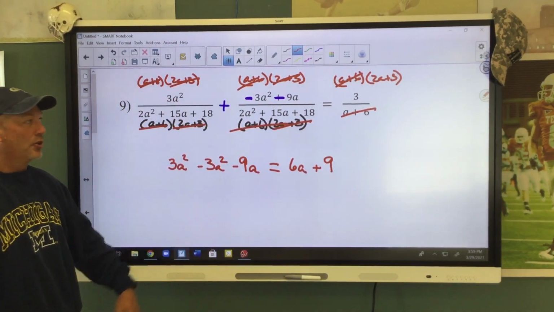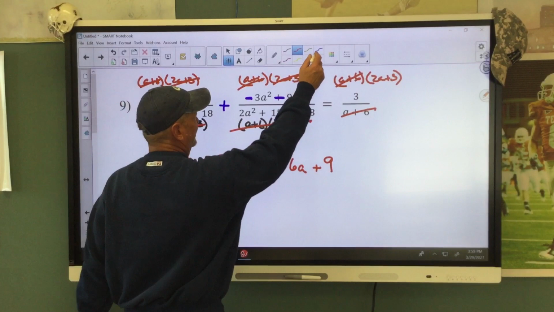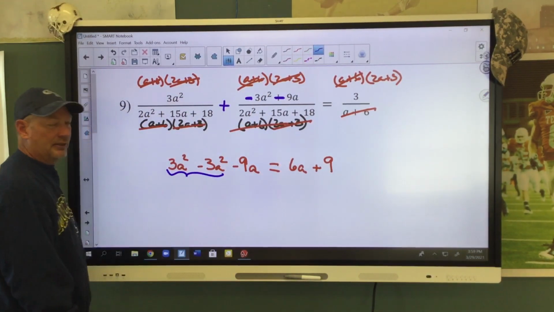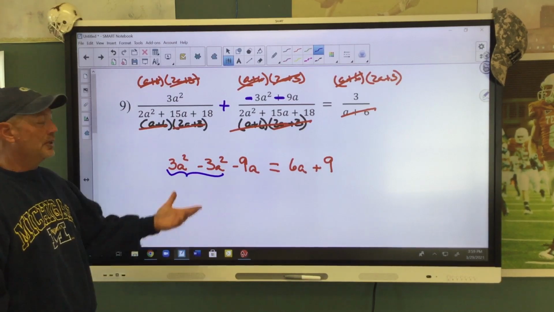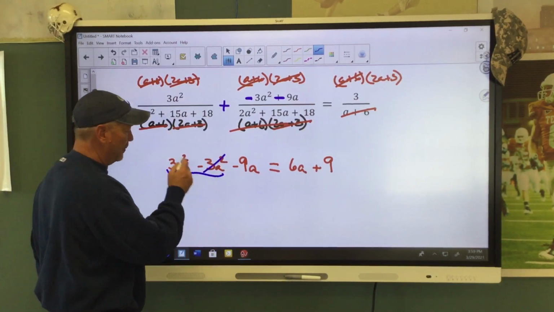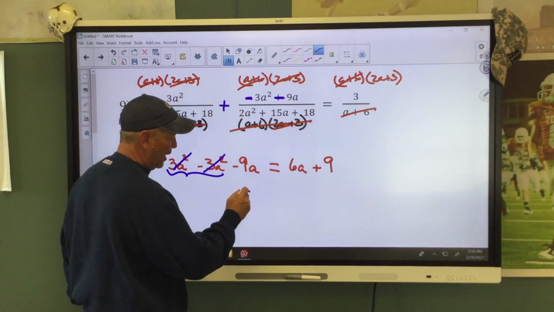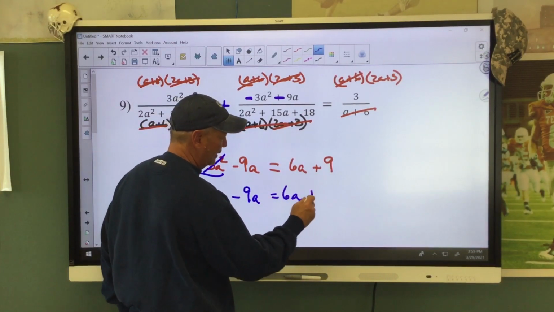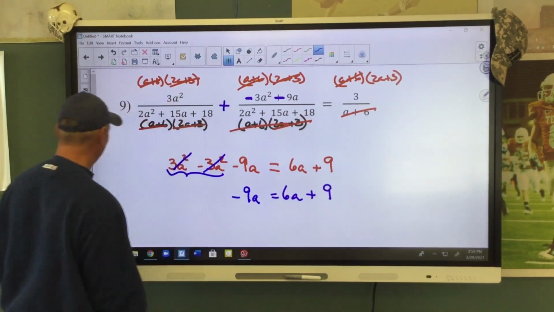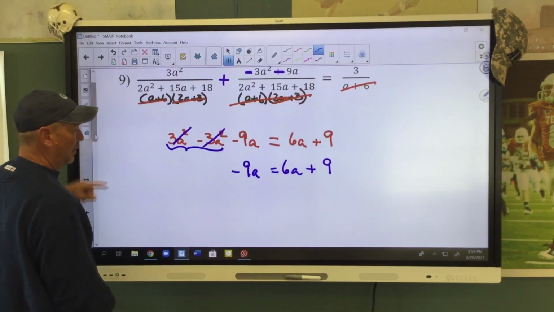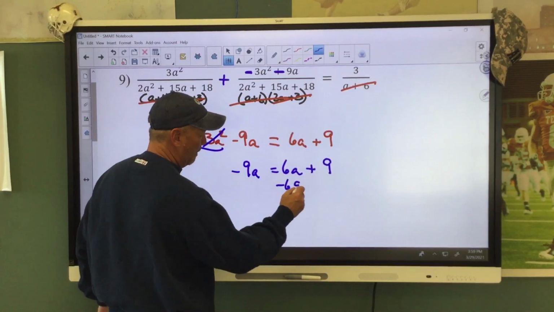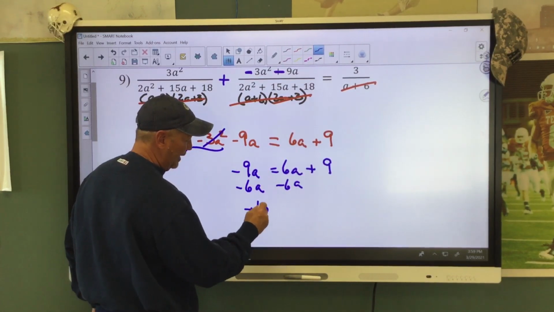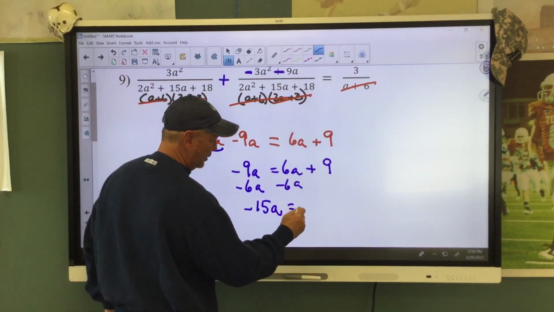So my fractions are gone. But look at this. Positive 3A minus 3A squared, those cancel. These are gone. I'm left with negative 9A equals 6A plus 9. Minus 6A minus 6A, negative 15A equals 9.